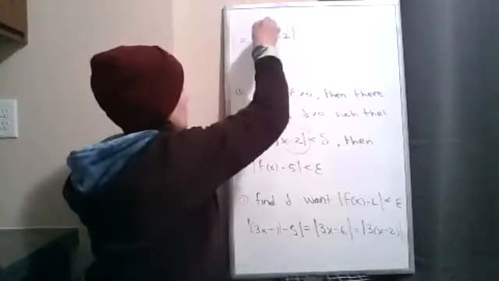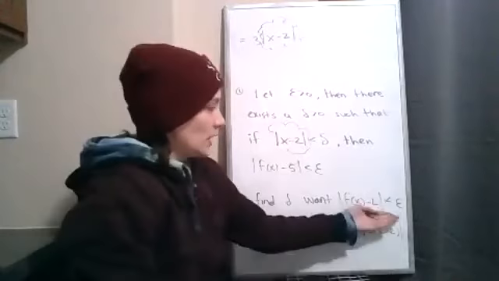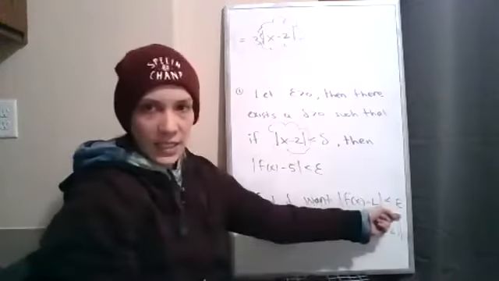You got an x minus 2 right here. So the thing we want was f of x minus L less than epsilon.